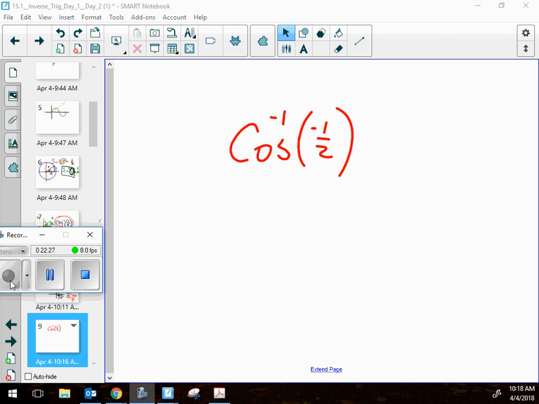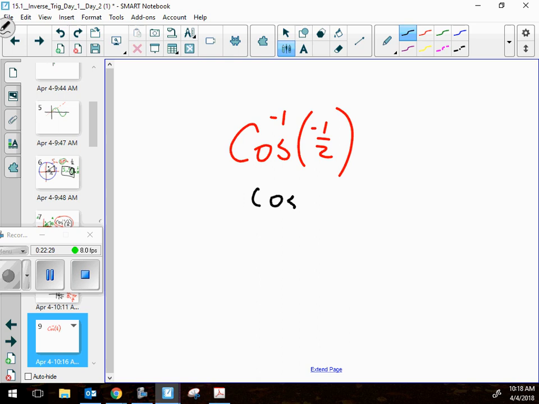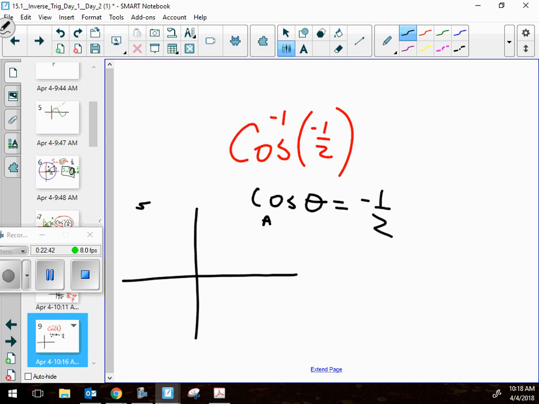Okay. Did you start with cosine of some angle equals negative a half? Awesome. Then you start drawing yourself a picture. And this is different than before. You can't just go, oh, there's two places that cosine is negative. Cosine's positive here and here, so it can't be out.